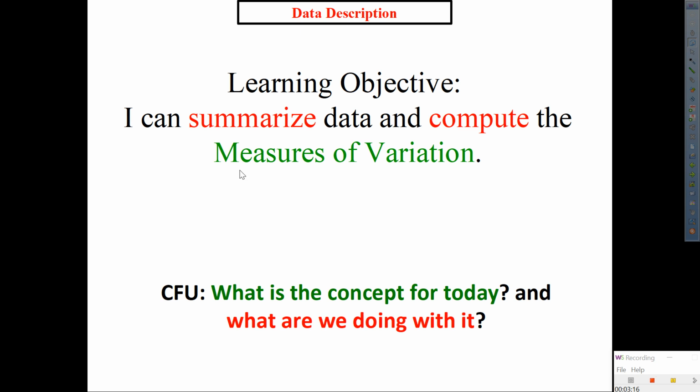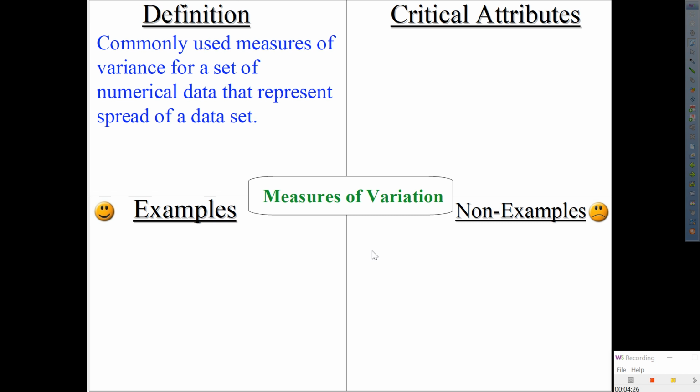So, measures of variation, what are they? Measures of variation, they're commonly used measures of variance for a set of numerical data that represents the spread of a data set. You're like, man, that's a lot of information, Mr. Q. Once again, measures of variation, commonly used measures of variance, meaning how things might vary from one side to the next, for a set of numerical data that represent the spread of the data.